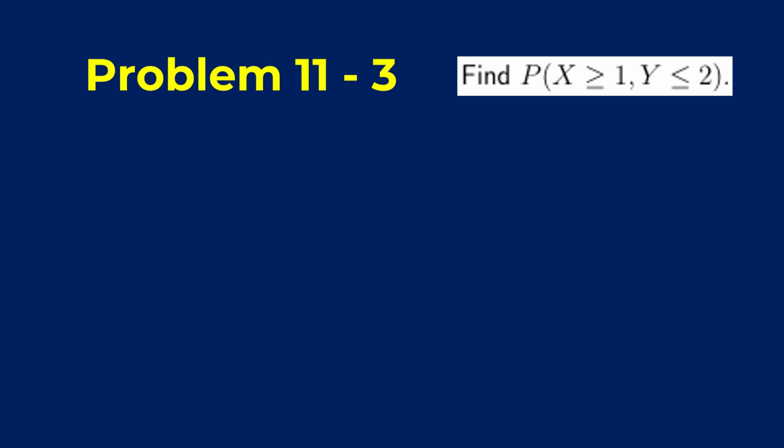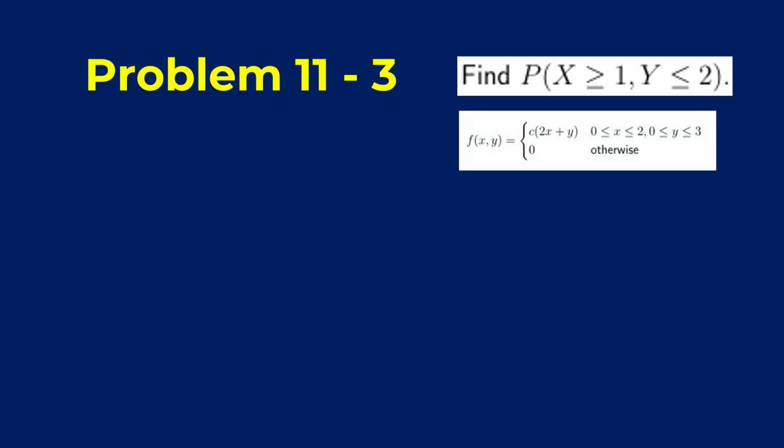Let's now move on to solve part 3 of this problem, which is about finding the joint probability when x is greater than or equal to 1 and y is smaller than or equal to 2. Again, this is our joint probability function.